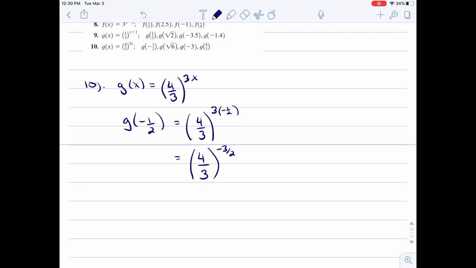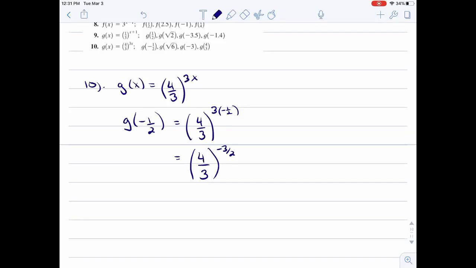We're just using our calculator, right? And so what you want to make sure is you have your 4/3 in brackets on your calculator, just so it treats it as one thing. And then to the power of, and usually there's an x to the blank power button or a little caret button, so make sure you can find it on your calculator. And then -3/2 also in brackets, just to make sure that it's all in that power.